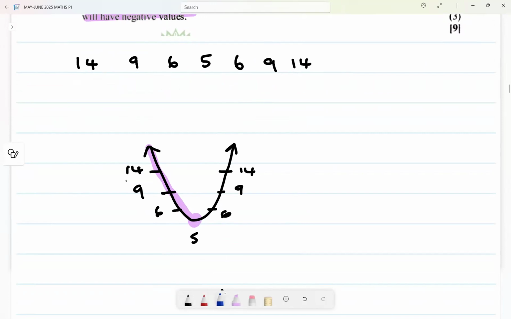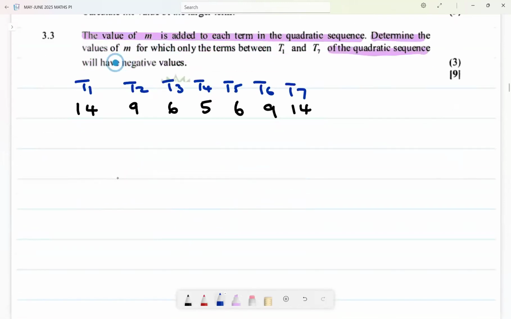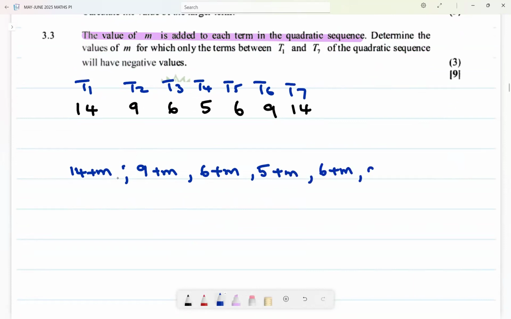Term number 1, term number 2, term number 3, term number 4, term number 5, term number 6, term number 7. Let's hear what the question is saying to us. The value of m is added to each term. So now our first term is 14 plus m, then 9 plus m, 6 plus m, 5 plus m, 6 plus m, 9 plus m, 14 plus m.